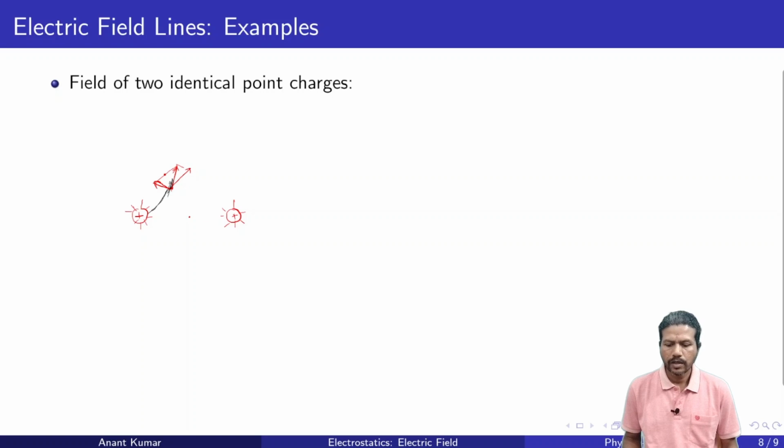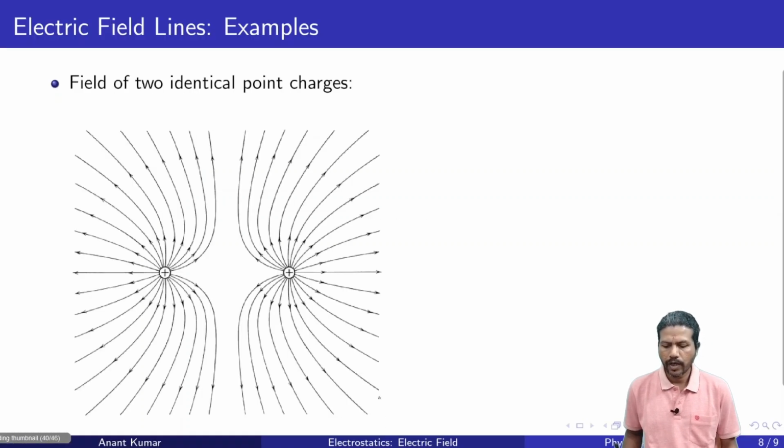So it starts and it bends like this. We can definitely do this at a number of points, and the end result is something like this. As we see, near the middle region the field lines try to avoid it, because simply there is no field at that point.